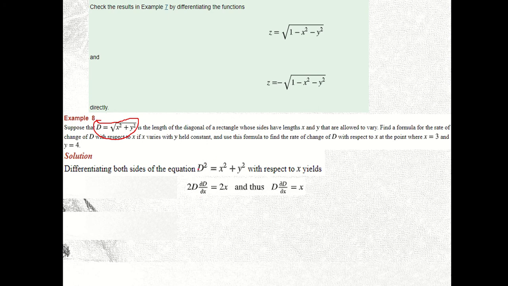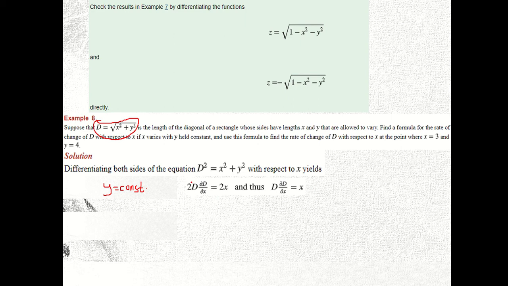2d times the partial derivative of d with respect to x equals 2x, because y here is constant, right? So we hold y as constant. And thus d times the partial derivative of d with respect to x equals x.